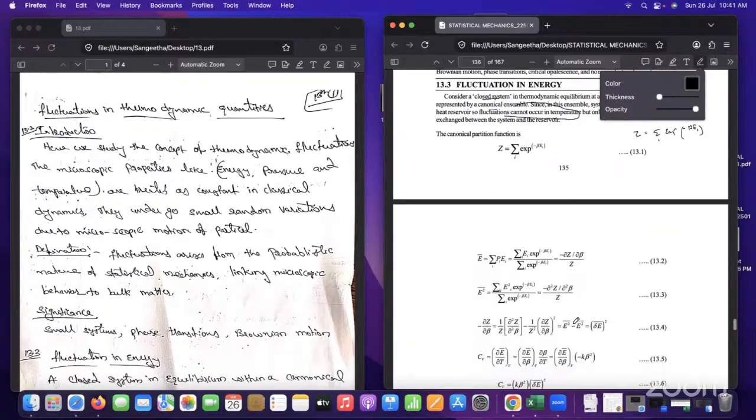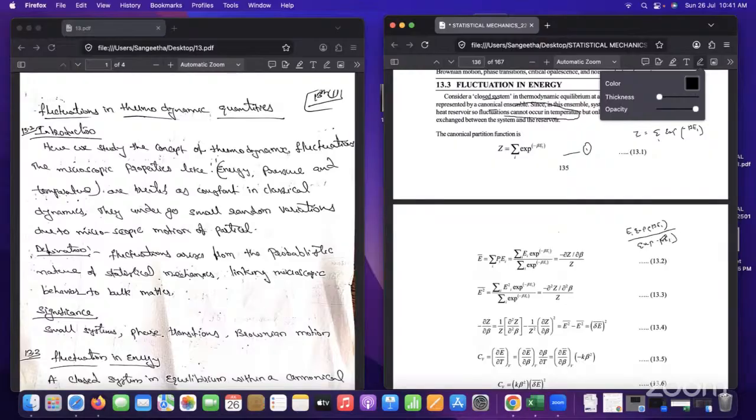So for this partition function, first we have partition function Z equal to the sum of exponential of minus beta epsilon i. Consider this as the first equation. Next I am writing E bar equal to the sum of p_i times E_i. Here we can write E_i times exponential of minus beta E_i, over the denominator term, which is only the sum of exponential of minus beta E_i.